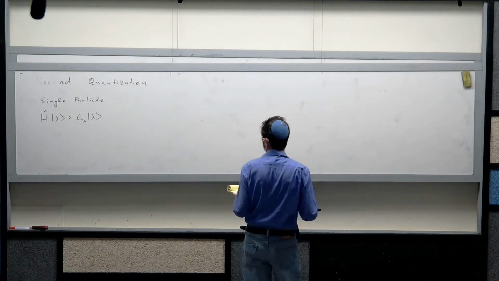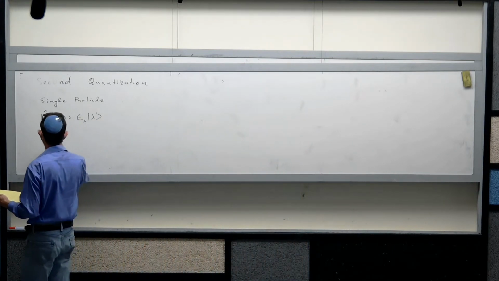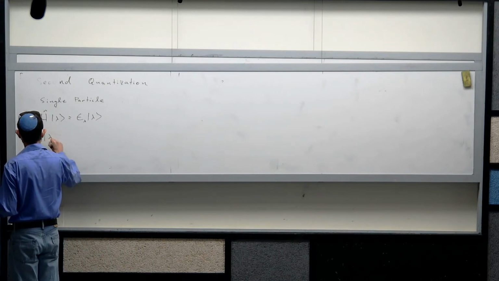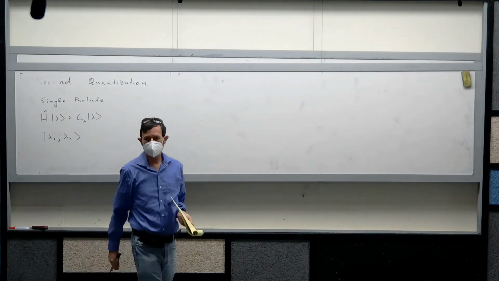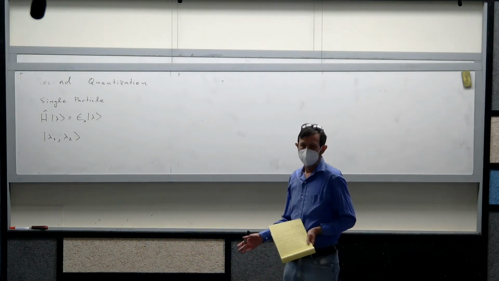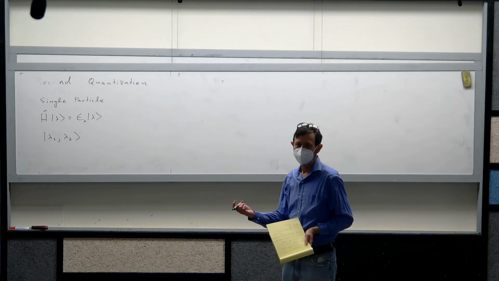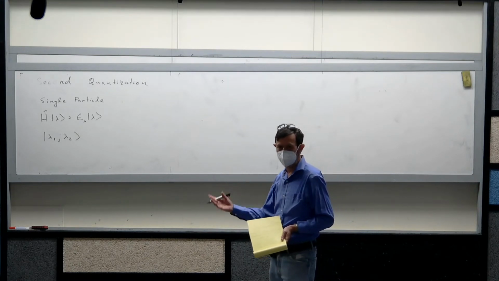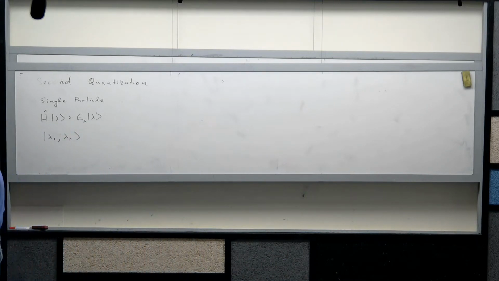So, basically, a state of the system would be: particle number 1 is in state lambda 1, particle number 2 is in state lambda 2. This is the Hilbert space of this problem.